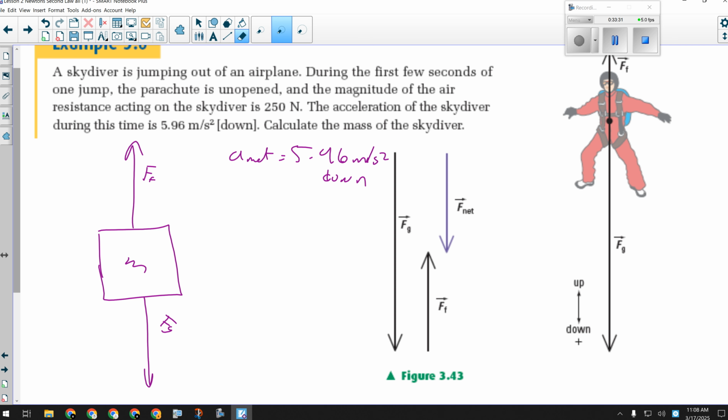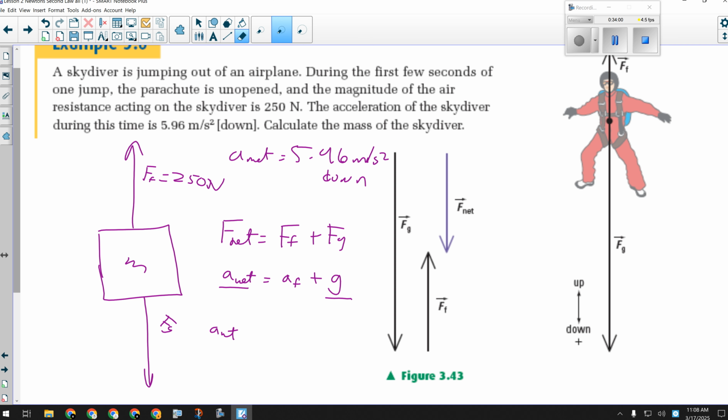Well, the force of friction, they tell us, is 250 newtons, so we can do this same thing we did before. If F net is the force of friction plus the force of gravity, then this is also true: the net acceleration is the acceleration due to friction plus the acceleration due to gravity. I know this number, I know that number. So I'm just going to bring it over here.